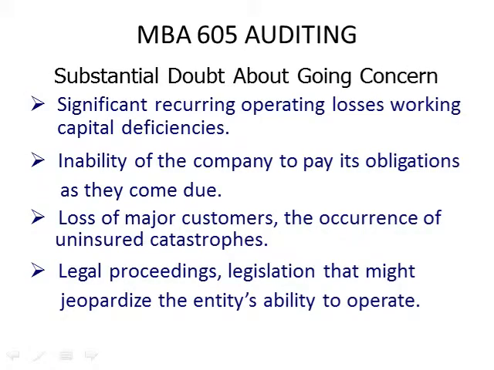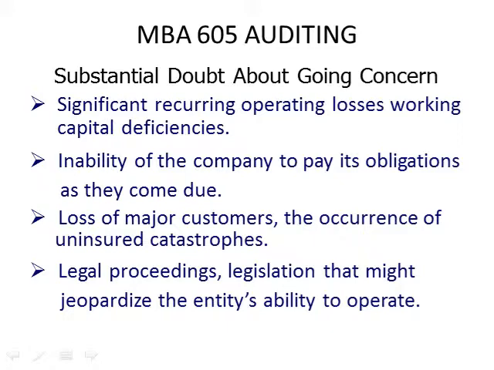This is the substantial doubt about a going concern. Well, if there are significant recurring operating losses that result in working capital deficiencies, where we see the inability of the company to pay its obligations as they come due, where we may see a loss of major customers or the occurrence of some uninsured catastrophe, or where there may be legal proceedings or legislation that might jeopardize the entity's ability to operate.